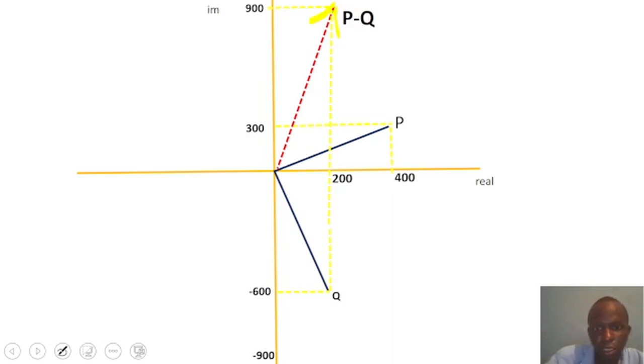This is the velocity of P, and that is the velocity of Q. So when you combine, and how do you combine? By subtracting P minus Q. We have seen the subtraction.